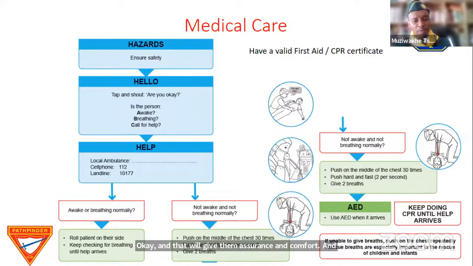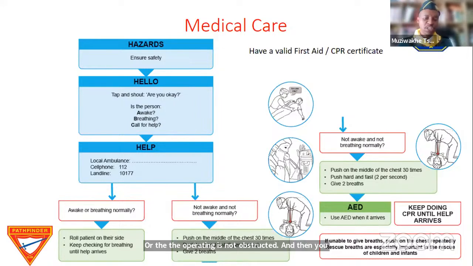And if they are not awake or they are not breathing normally, what you need to do is to ensure that they are lying facing up, what we call a supine position, just facing up. And the head also is well positioned such that they are not choking or their breathing is not obstructed.